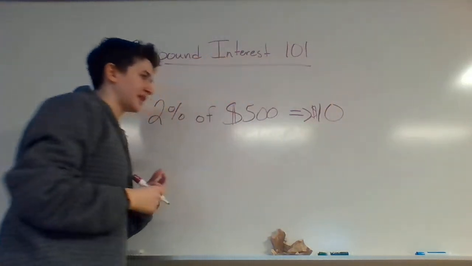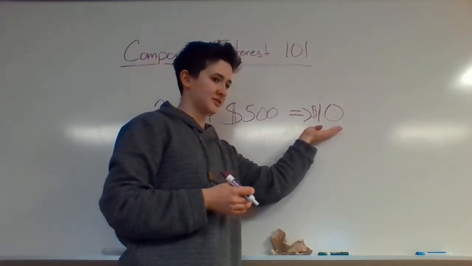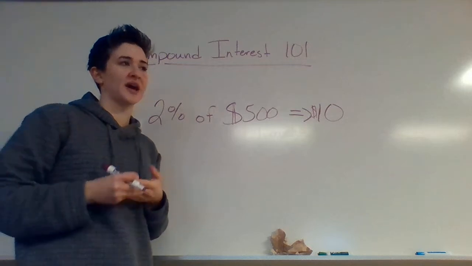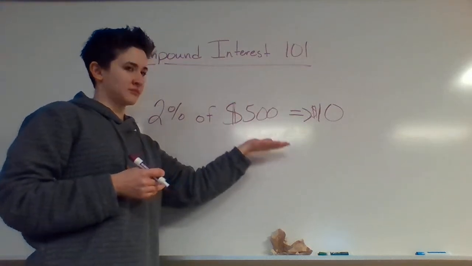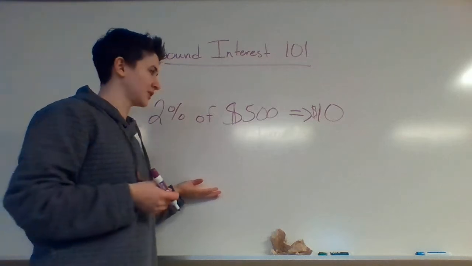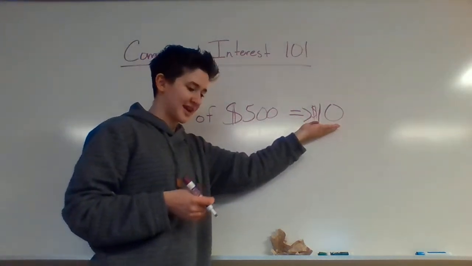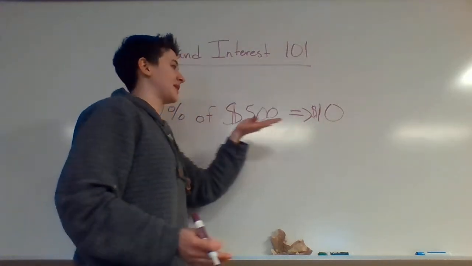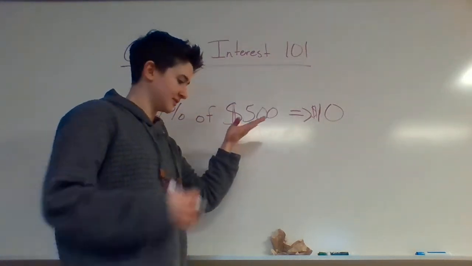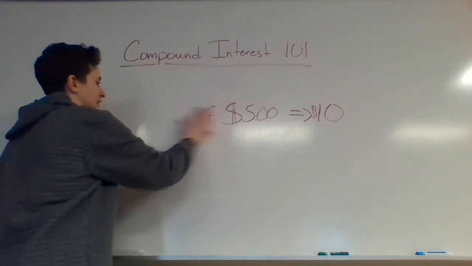Every month that I keep this amount in my bank account, I earn $10 every month. If I want to know at the end of 3 months what I have, I just do 10 three times, aka 30. It will always just gain 10 bucks, nothing different, no matter if I add money or take out money. Still just $10.